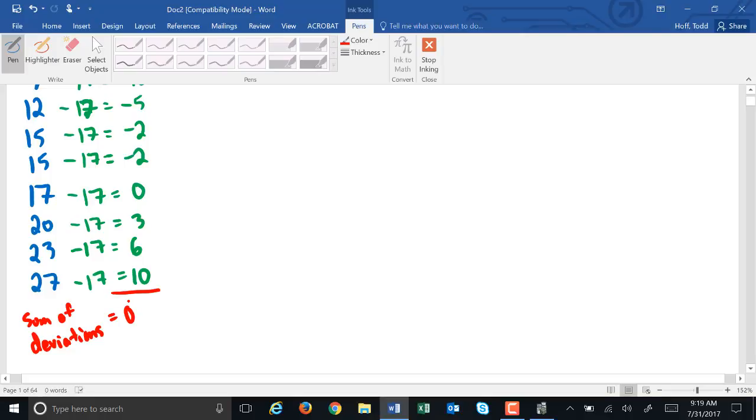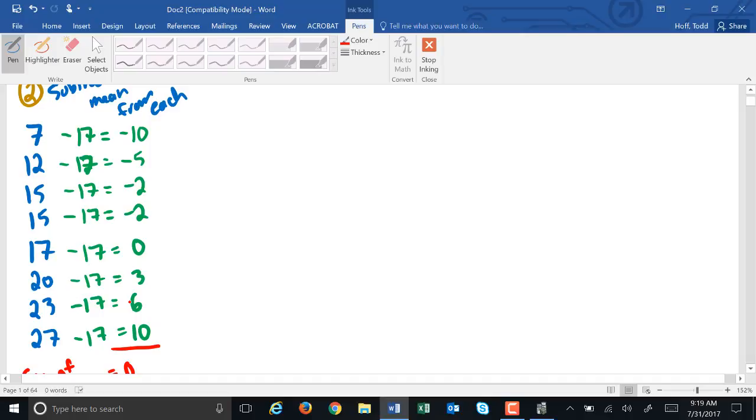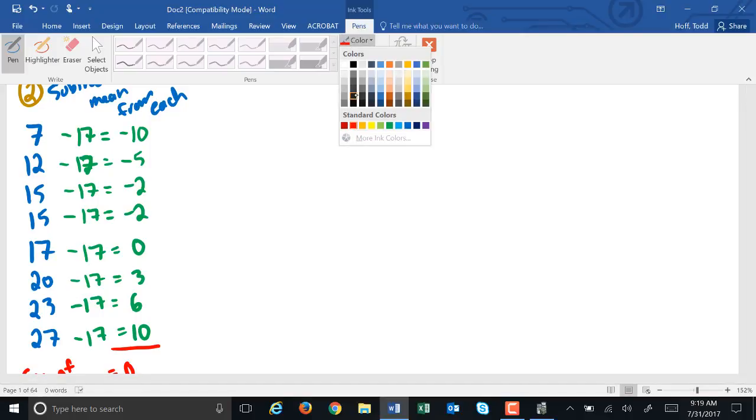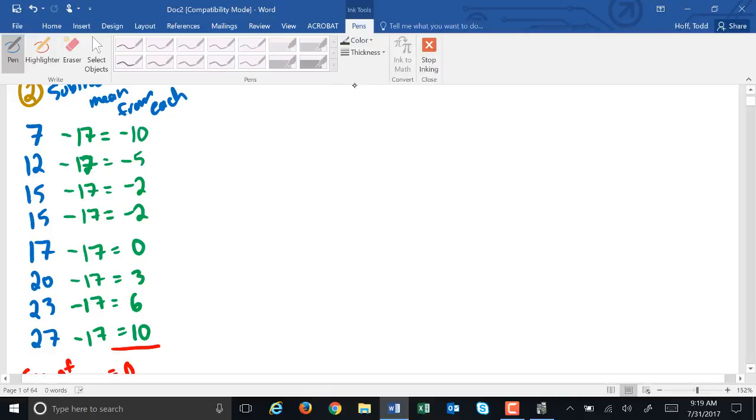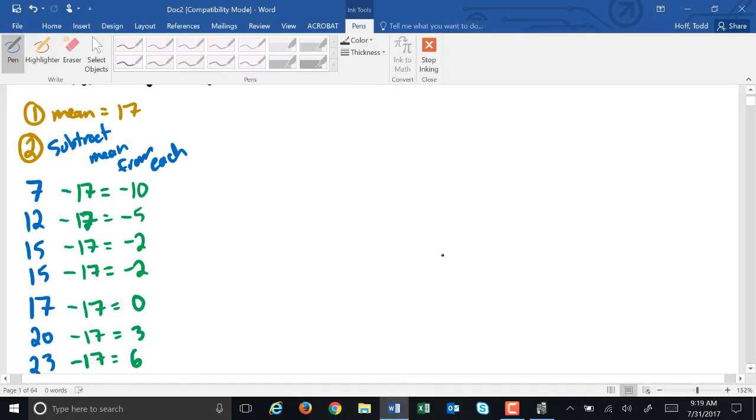If I add those up, they do come out to 0. So that's a way to double check just to make sure that at that point you haven't messed something up. Typically, the biggest mistake made at that point is that you calculated your mean wrong. So that's one place where you can catch that your mean is off. The only other way that can be off is if you subtracted at least one of them wrong.